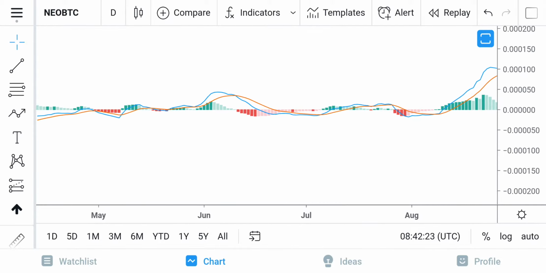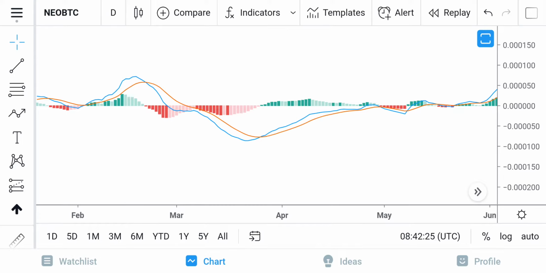And secondly, once you notice the blue line, the MACD line, crossing above the signal line, that's when you should be looking for buying opportunities.